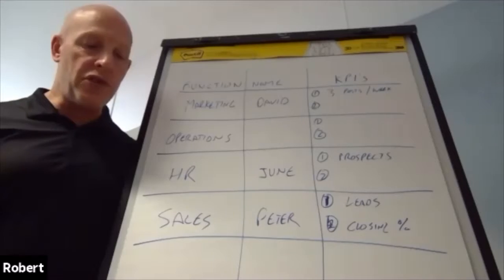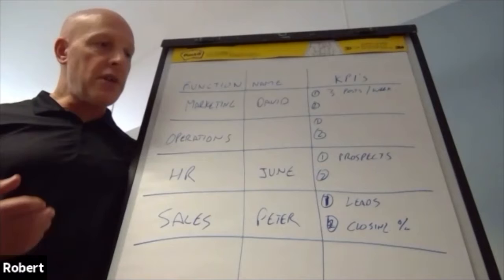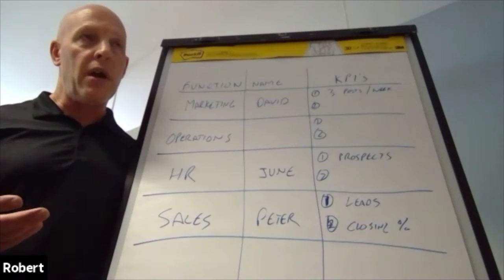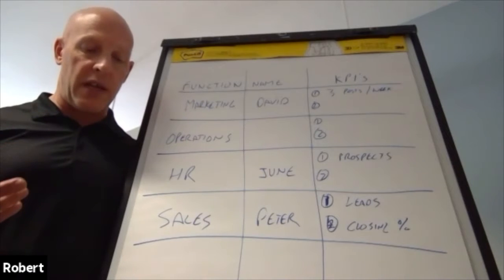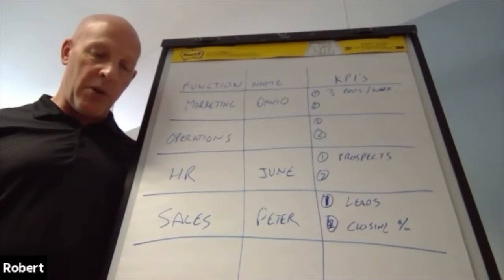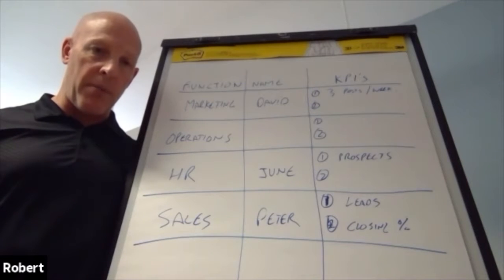So the function chart just helps to eliminate some of the confusion in a company. The example given in some of the Scaling Up stories was a small company where a husband and wife were effectively running the company, but they were both acting as CEO.